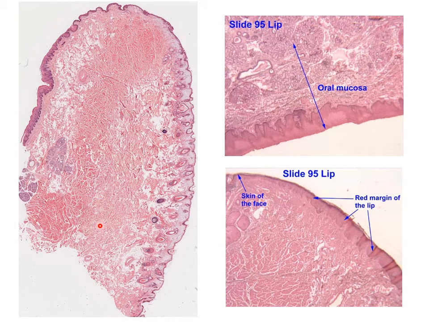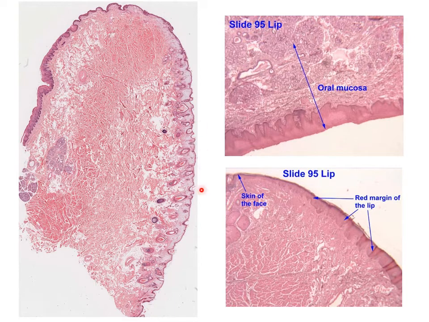Inside the lip, you can see striated muscles, skeletal muscles, voluntary muscles. The submucosa is connective tissue, as usual, with blood vessels, lymphatic vessels, and nerves. On the inner surface, small salivary glands can be present.